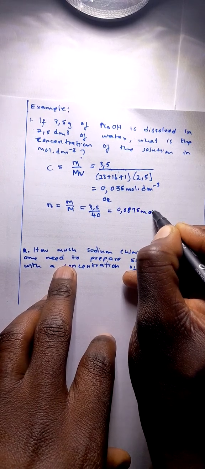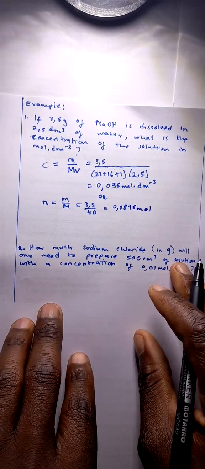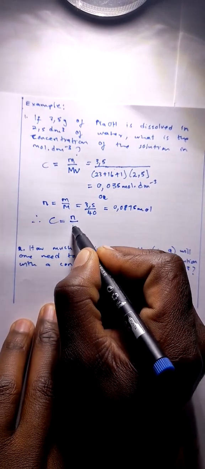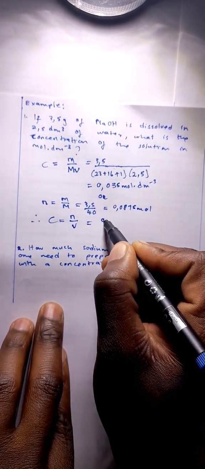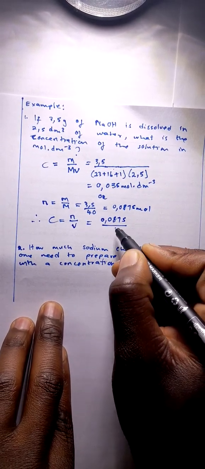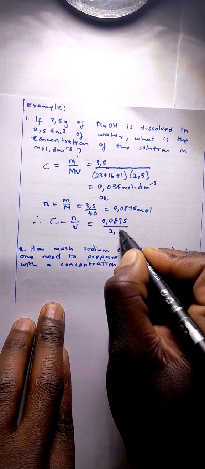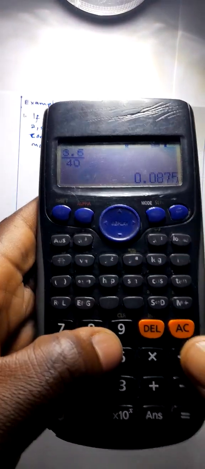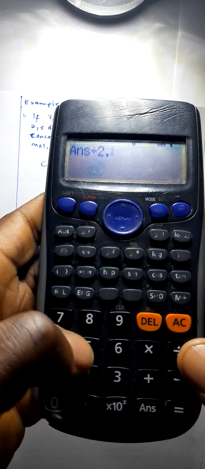0.0875 mole, all right, and therefore C equals number of moles over volume, therefore it is 0.0875 over the volume that was given, which is 2.5, and then divided by 2.5.